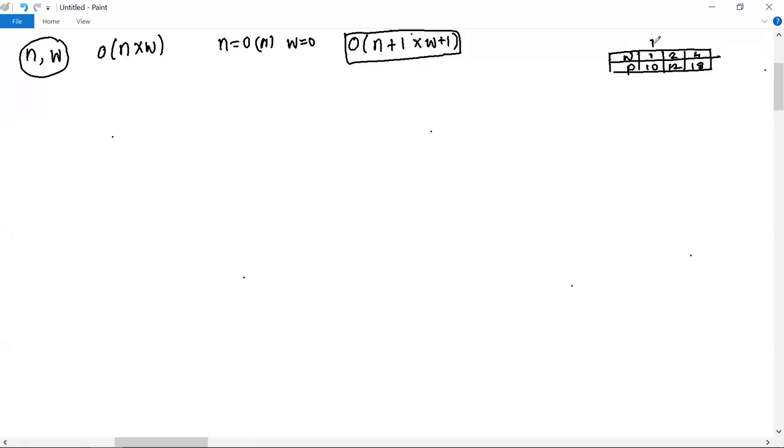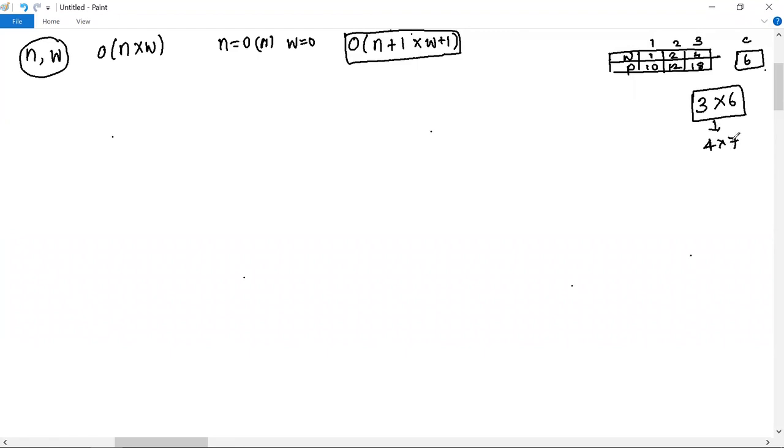This is object 1, object 2, object 3. Now the capacity of the knapsack is 6. So we have 3 objects and capacity is 6. We need a table of size 3 by 6, but for the base condition we convert this into 4 by 7, right?